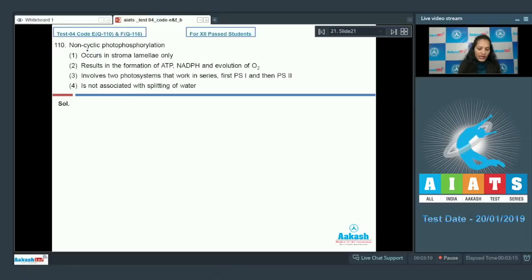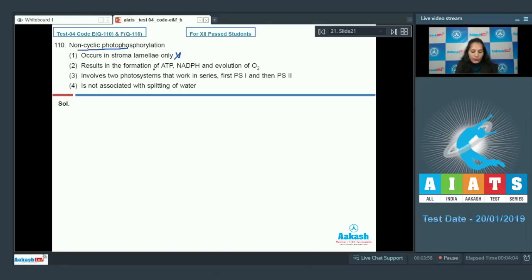Non-cyclic photophosphorylation means ATP synthesis during photosynthesis in a non-cyclic manner, or the scheme called Z scheme, in which photosystem 1 and 2 both are involved. So it occurs in stroma lamellae only? No. Non-cyclic photophosphorylation occurs on the thylakoid membrane. On stroma lamellae, cyclic photophosphorylation occurs, not the non-cyclic. So this option is ruled out.